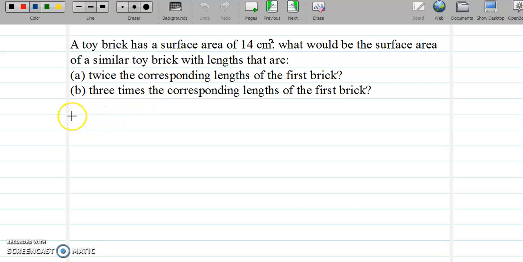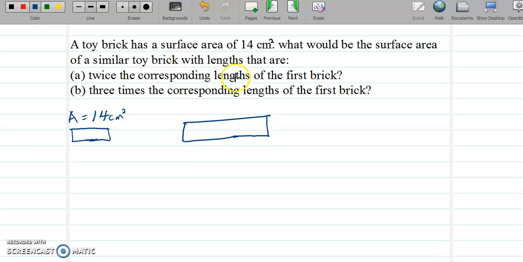That means the first brick should be the small one, which gives us a surface area of 14 cm squared. Then the other one is twice the corresponding length. So if the length of this is small l, the length of this will be 2 small l. Now we are looking for the surface area of this.